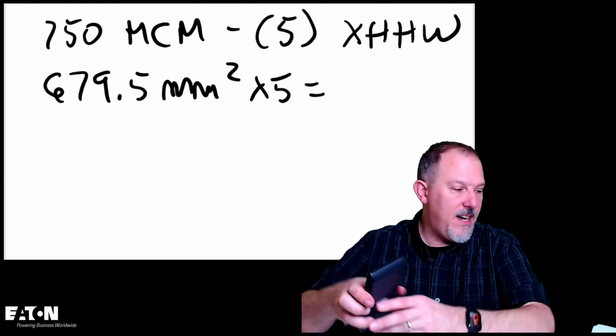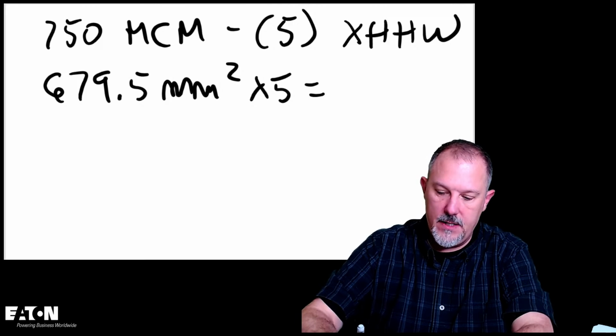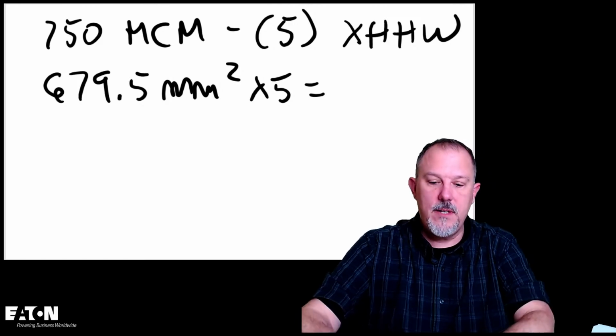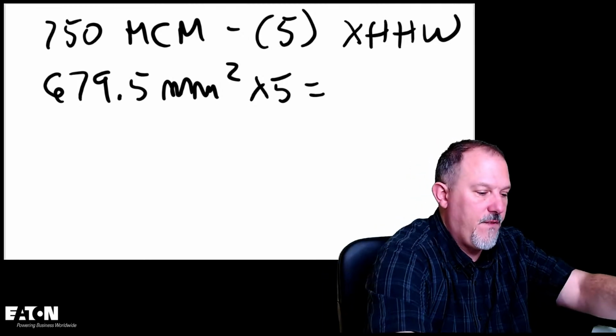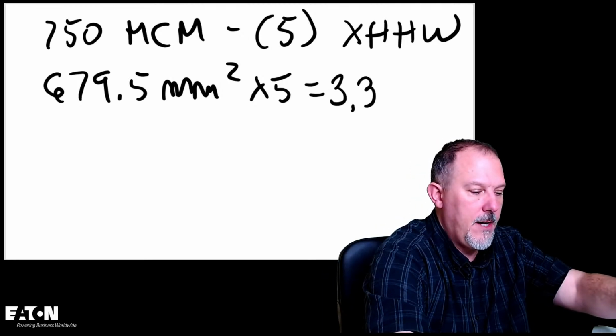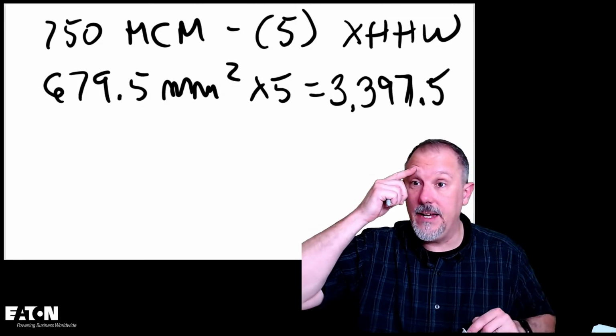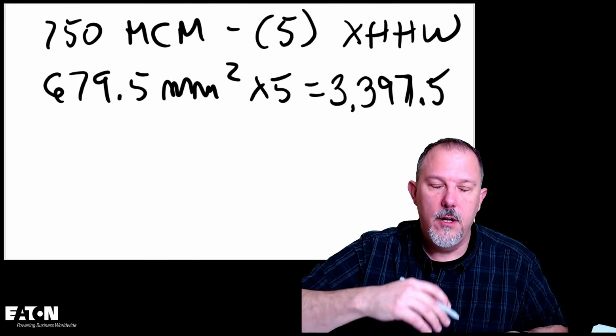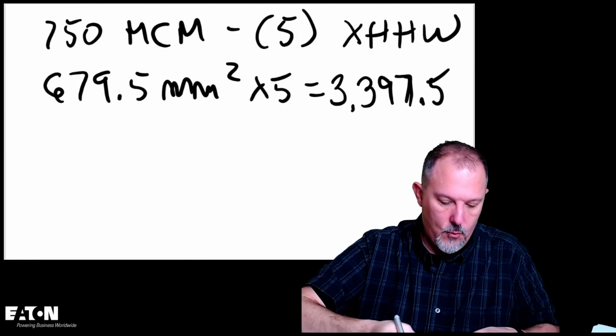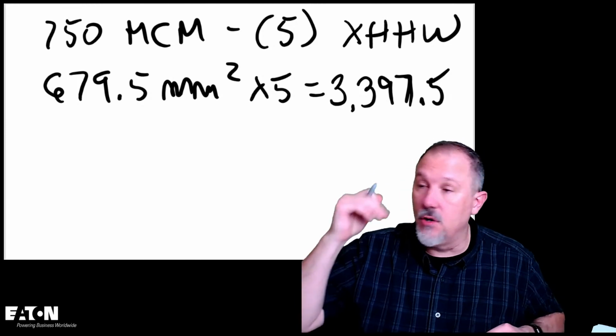So if I take 5 times 679.5, that is 3,397.5. So that's my total area for those 5 conductors.